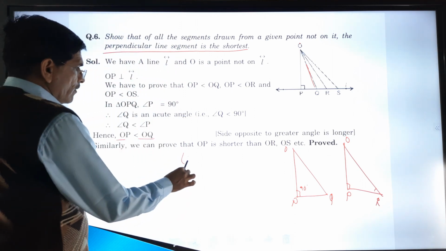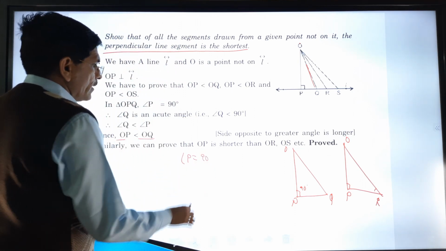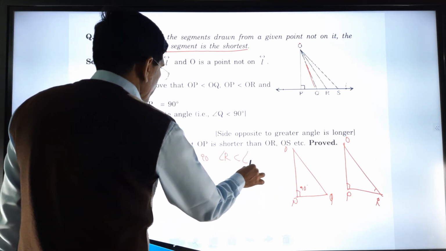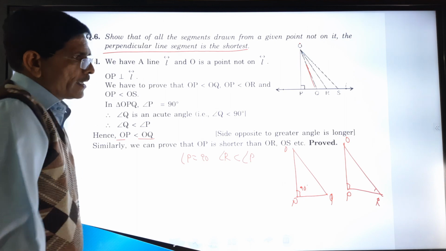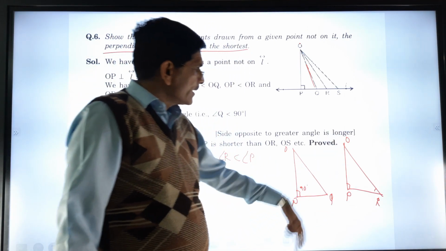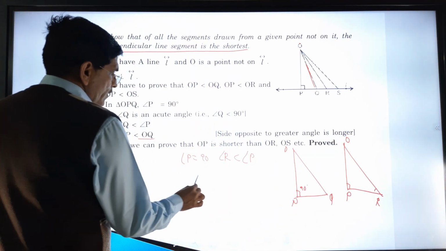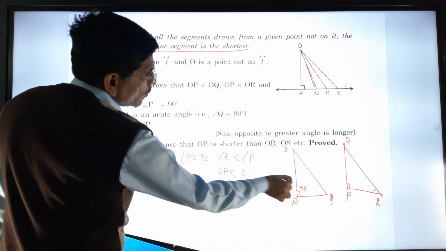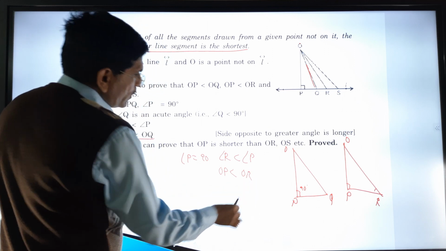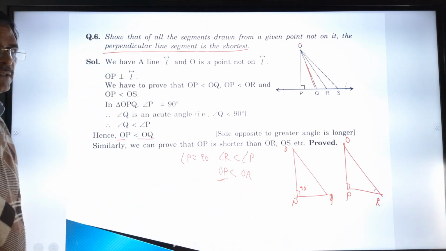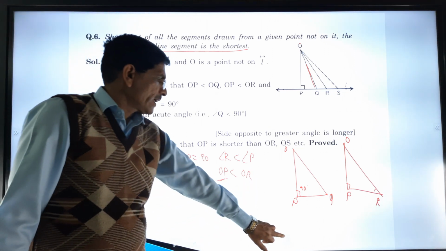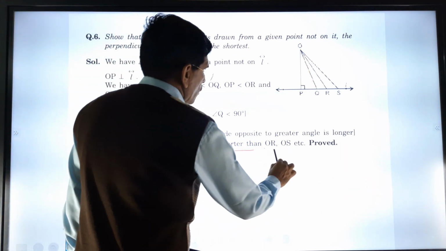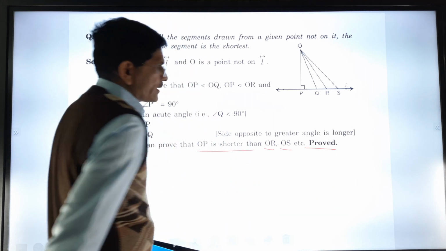So if P is 90 degrees, then angle R is less than angle P. Now opposite R is OP, so OP is less than OR. So every time OP is there. Hence OP is shorter than OR, OS, etc.